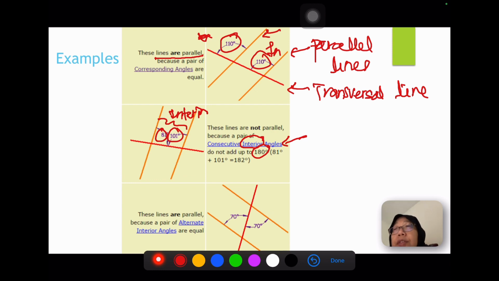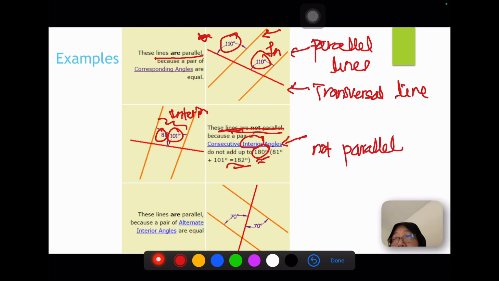If they don't add up to 180 degrees, that means the lines are not parallel. If right now it adds up to 182, that means these two lines are not parallel.